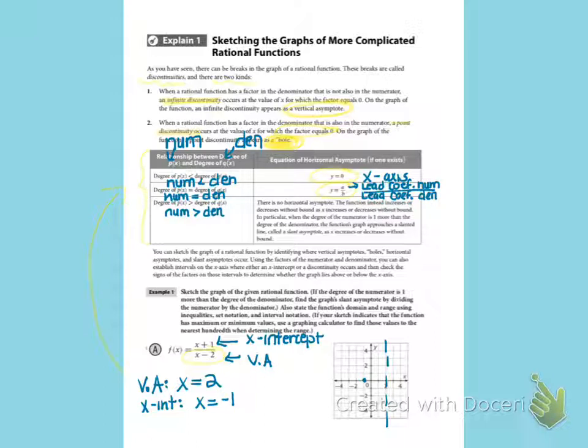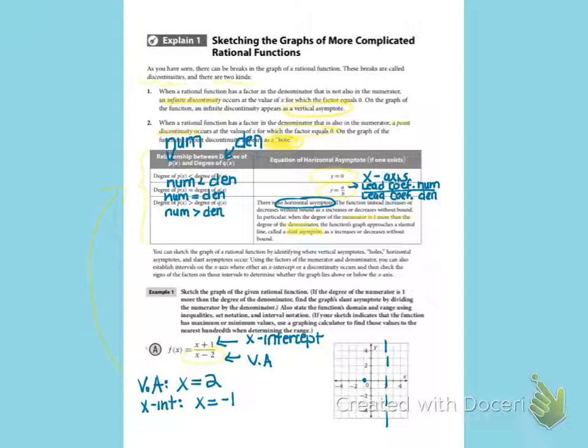If that happens, that means there is no horizontal asymptote, but it doesn't mean there's not something else besides the vertical asymptote that we would get from looking at the denominator. It's possible that there is a slant asymptote, and it actually happens when the numerator's degree is 1 more than the degree of the denominator.